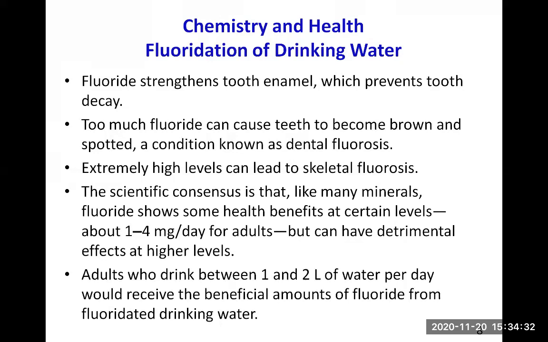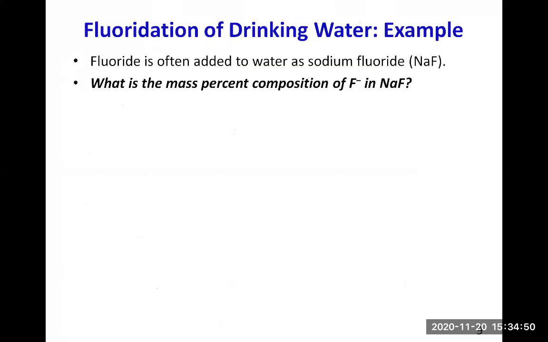So officials usually have decided to allow fluoridation of drinking water, so that the whole population gets its amount of fluorine by drinking water. And so fluoride is often added to water as sodium fluoride, NaF, which is also a compound that is typically in toothpaste. So what is the mass percent composition of fluoride in NaF?